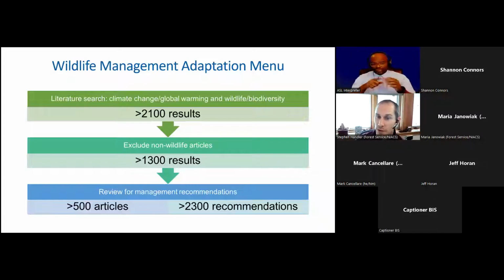From those, we were able to winnow down to about 1,300 that dealt specifically with terrestrial wildlife. Going even further, we identified about 500 that included specific management recommendations. And from those 500 odd articles, we extracted 2,300 specific management recommendations for climate adaptation.